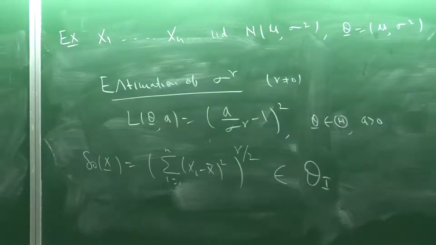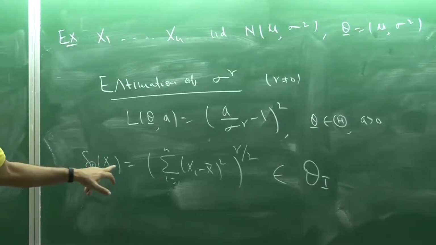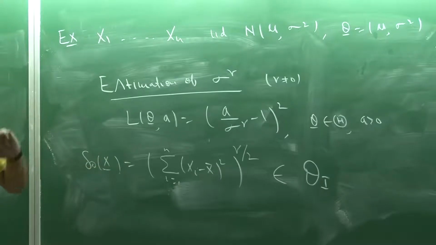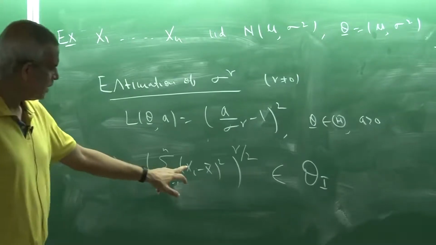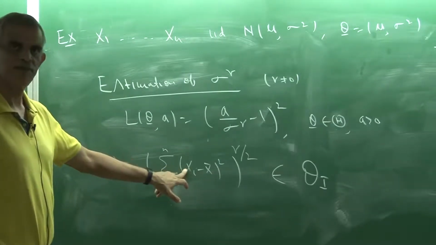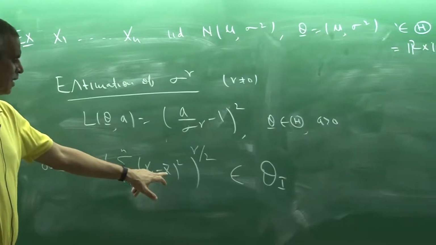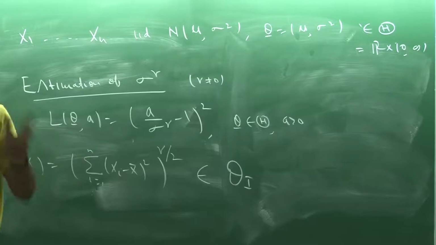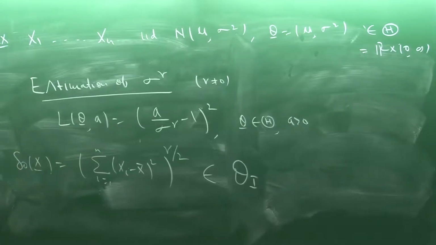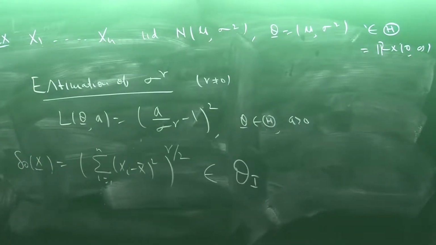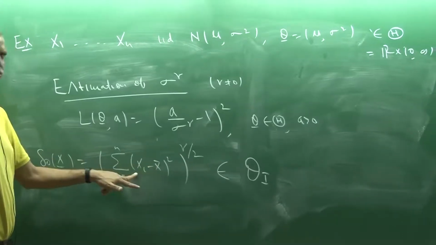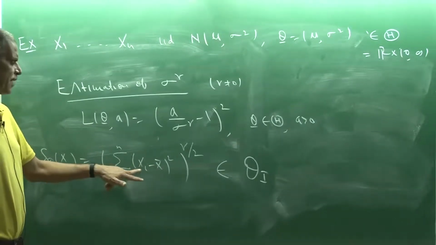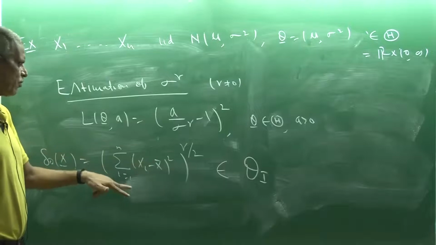So what I do? I have to apply b x1 plus c, b x2 plus c, ..., b xn plus c. If I apply b xi plus c in all the observations, x bar gets transformed to b x bar plus c. The c gets cancelled, b becomes common. So it becomes b square times summation xi minus x bar whole square.